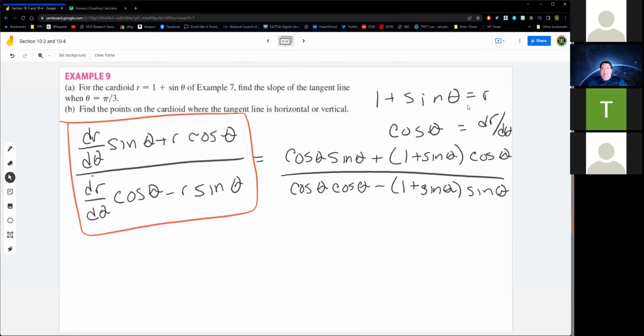So the first thing I have to do is find my dr/d theta, which is just the derivative of 1 plus sine theta. So I did this part up here. So that's cosine theta. So that's that one, and that's that one.